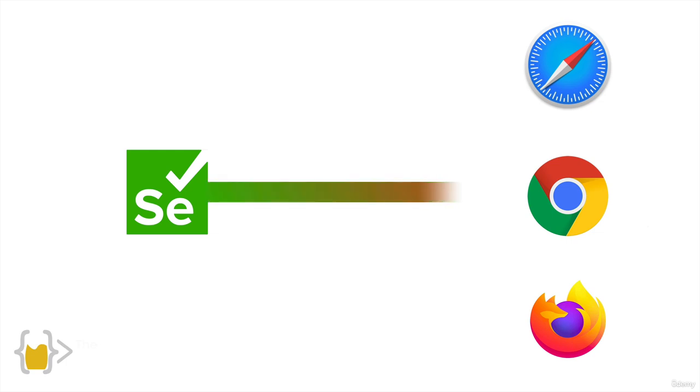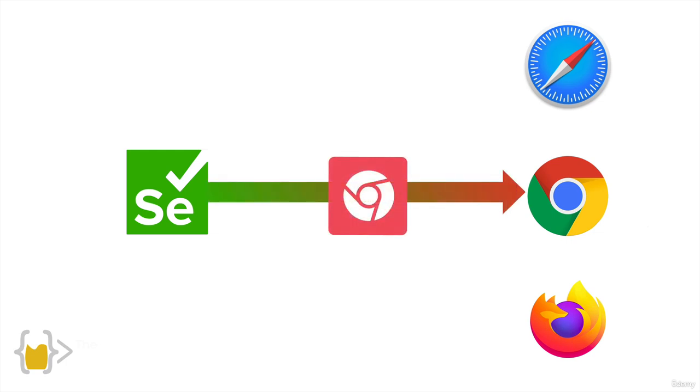Well, we're going to need some sort of a bridge that bridges the Selenium code to work with the Chrome browser. And this bridge is provided by the Chrome driver. There'll be a different driver for Safari and a different driver for Firefox. And just by switching up those drivers, it'll tell Selenium how to work with the latest version of these browsers.